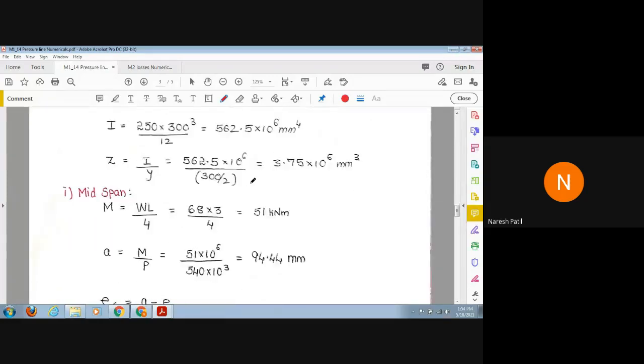Now at mid span, the moment will be WL by 4. So here the concentrated load is 68, span is 3, WL by 4.